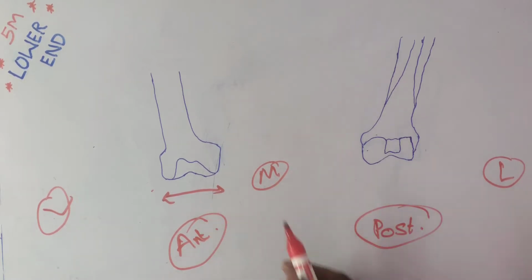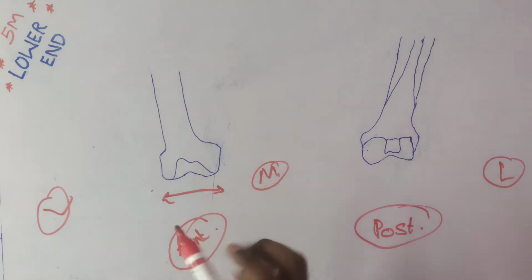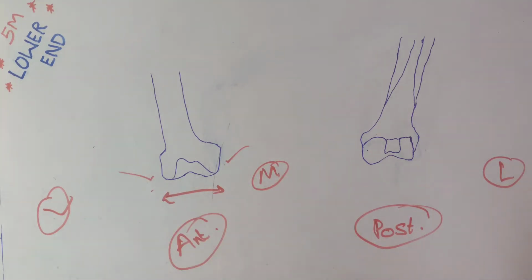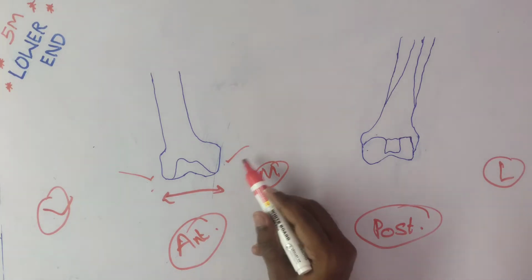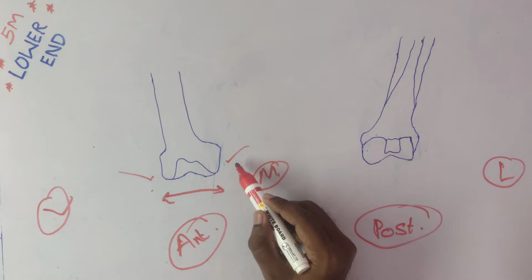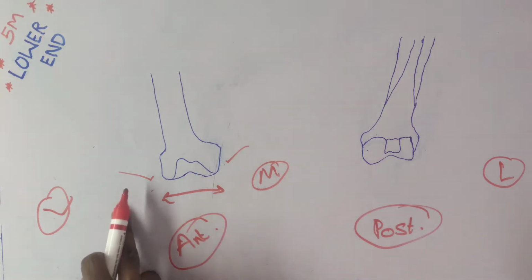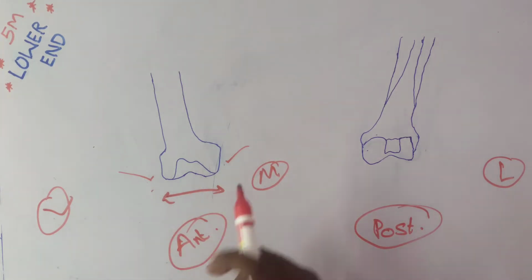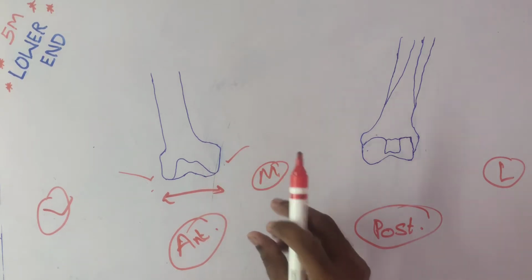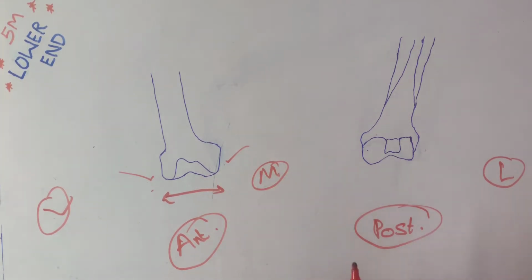We can see clearly that the medial condyle is larger than the lateral condyle. The lower end of femur has an articular surface to form the knee joint.